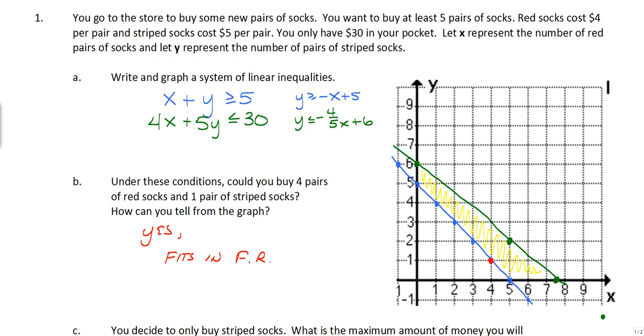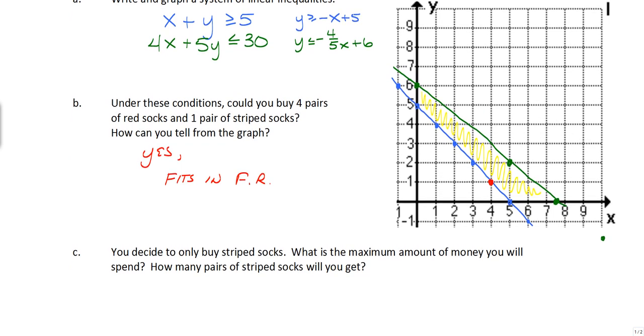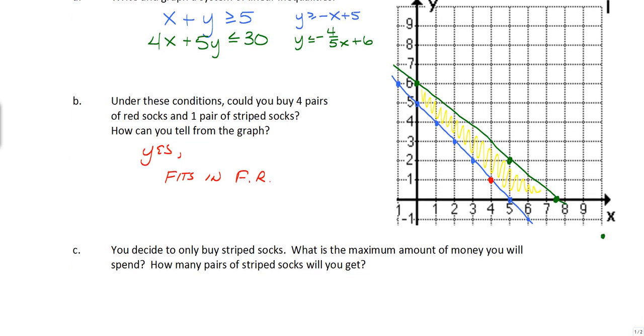Okay, so continuing to look at this, it says you decide that you're only going to buy striped socks. Remember, striped is Y. What is the maximum amount of money you will spend, and how many pairs of striped socks will you get? So we're going to look at Y, and we want to be as high up as we possibly can, but still be on or within this feasible region.